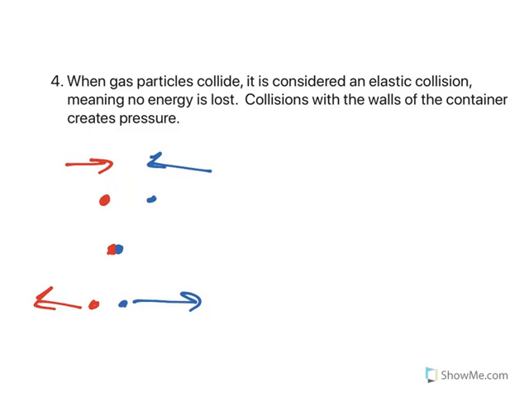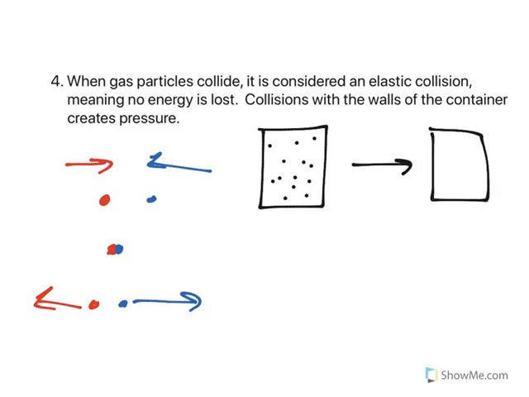And we can kind of use a logic scenario to think about why this is, or how this could be proven. If I have a sample of a gas in this closed container, these particles are moving in straight lines. They're going to collide with one another. If energy was lost during these collisions, eventually these gas particles would lose enough energy that they would not have enough energy to stay as a gas, and ultimately they would condense as a liquid.